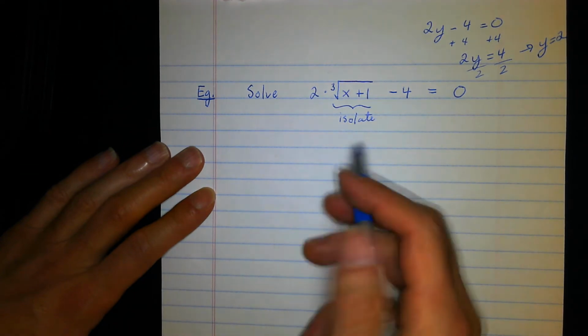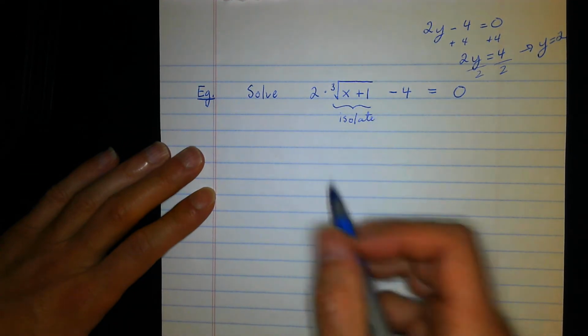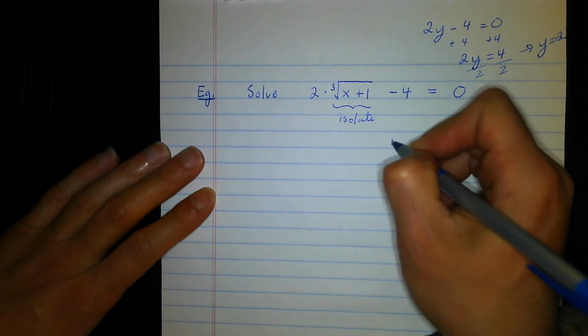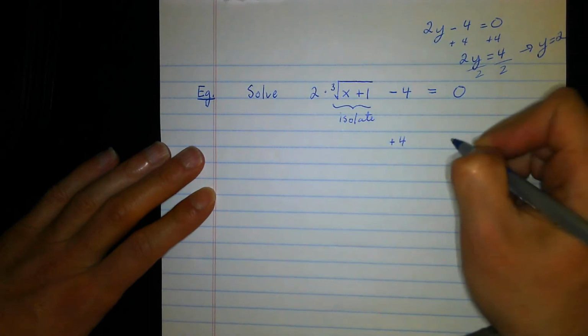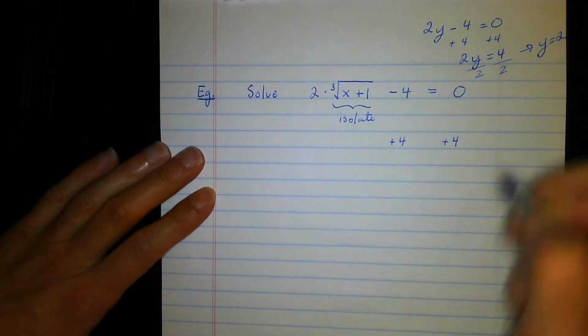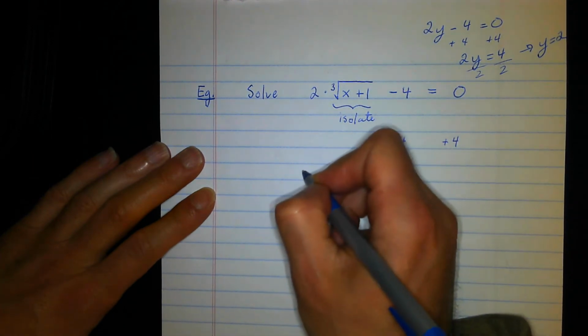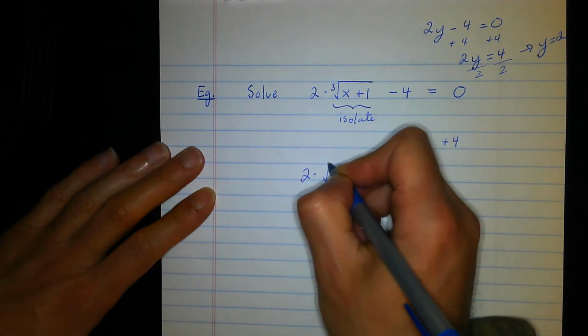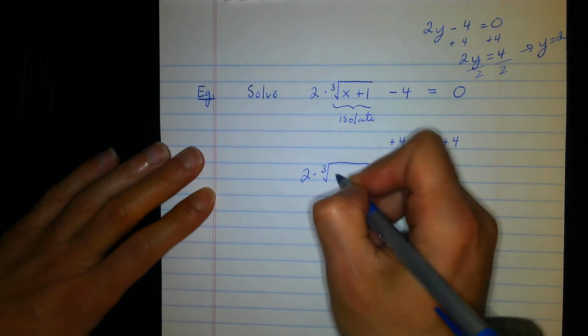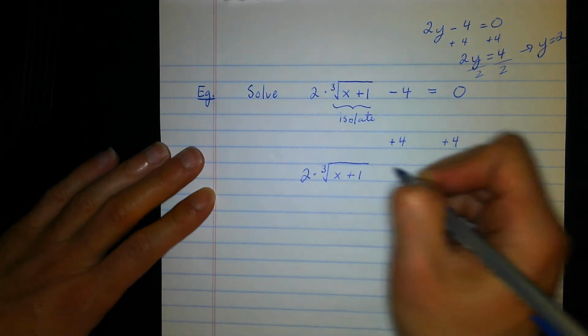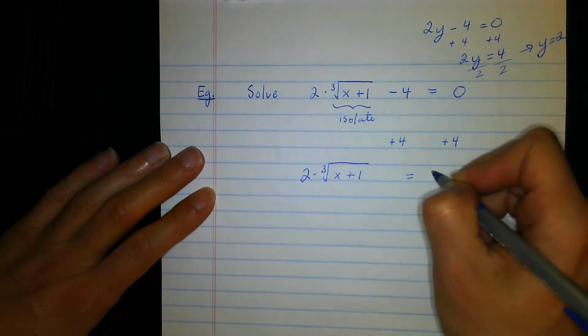Okay, so it's exactly the same steps here. The first thing I'm going to do is plus 4, and that gives me 2 times the cube root of x plus 1 equals 4.